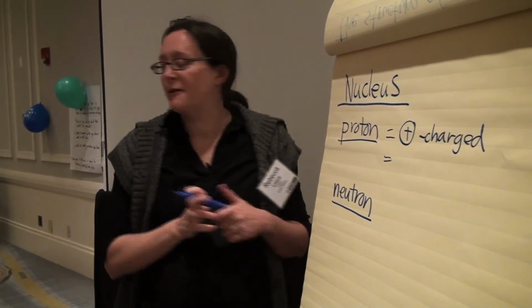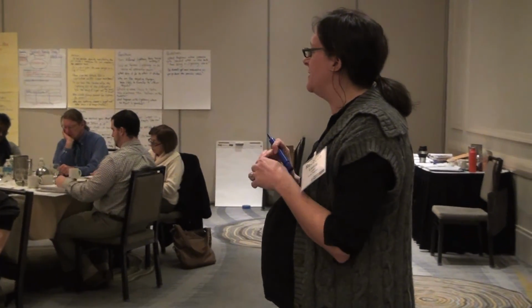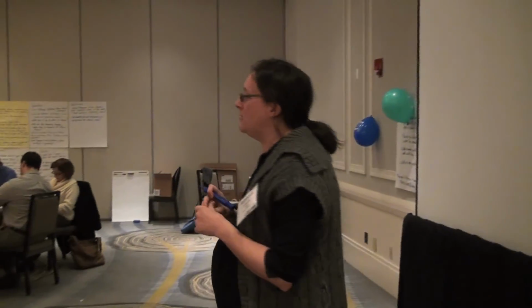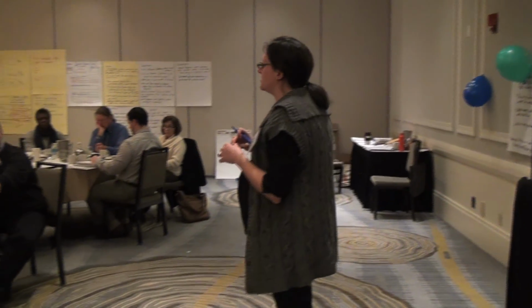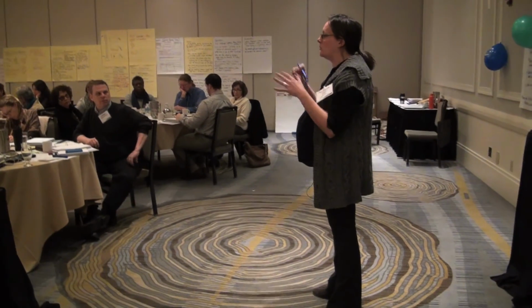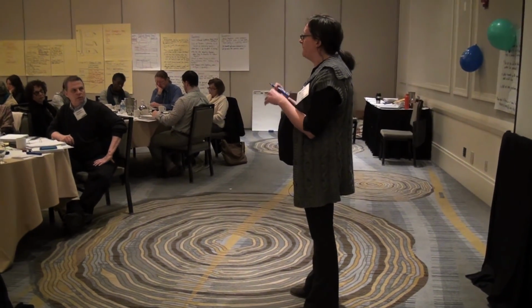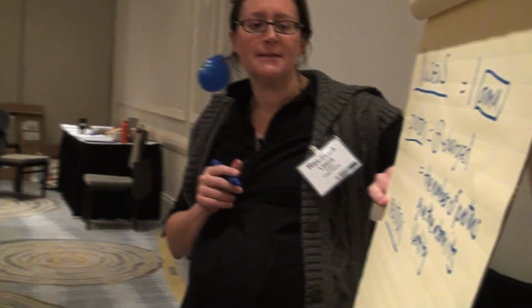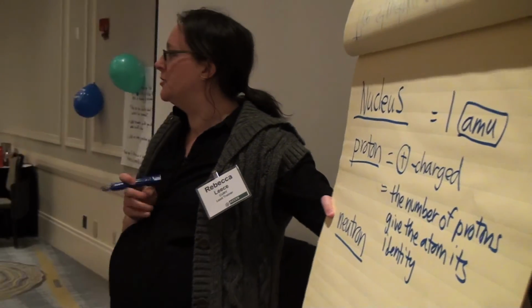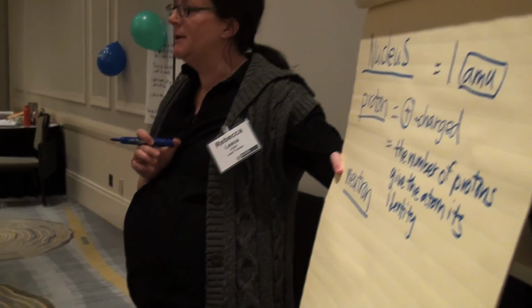Another important thing about the proton is that the number of protons in an atom gives this atom its identity. So that means if you have an atom and it has 2 protons in it, no matter what, it is going to be helium.